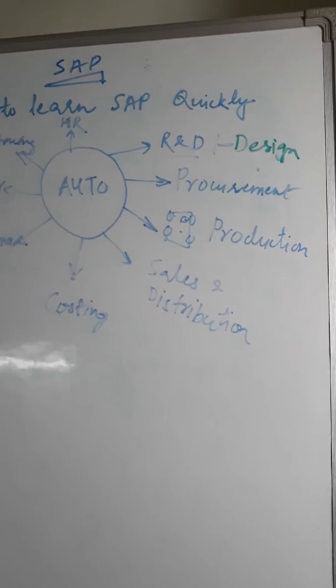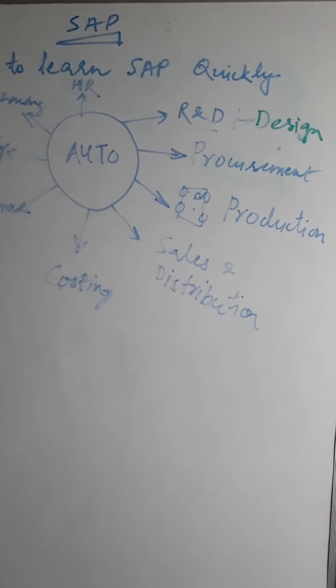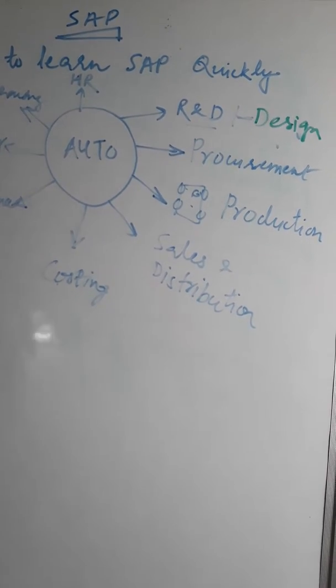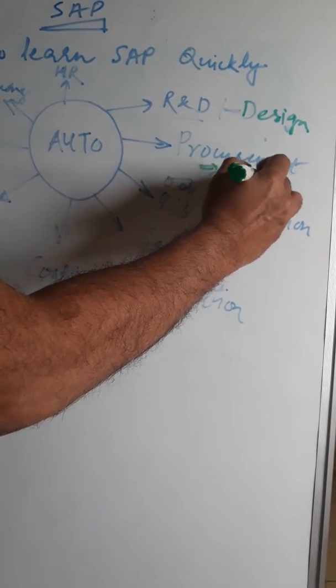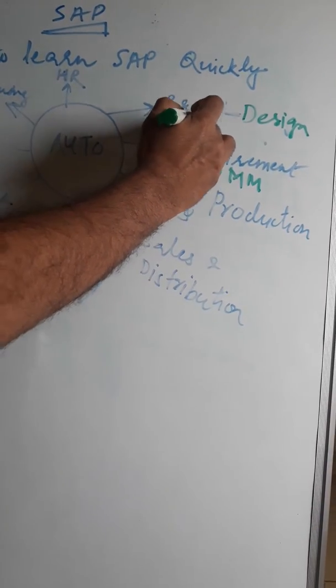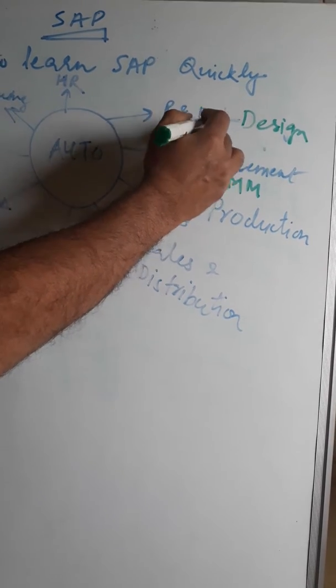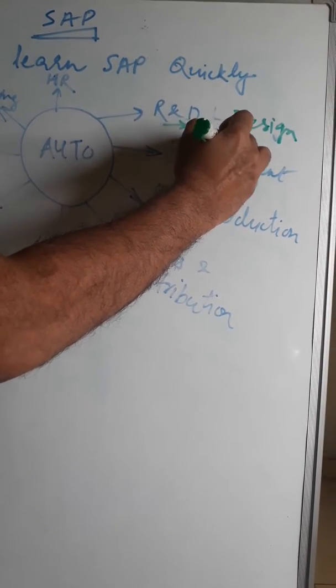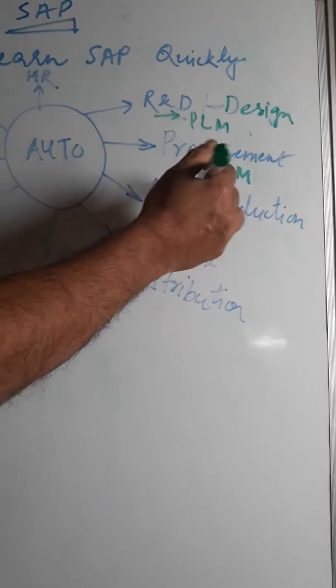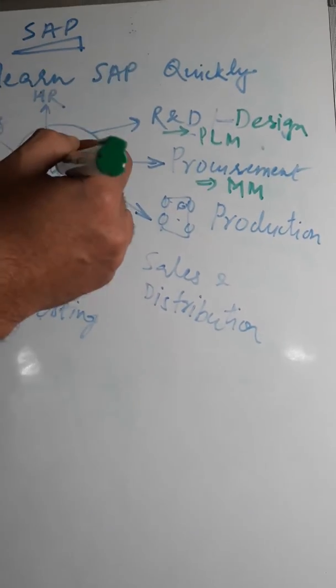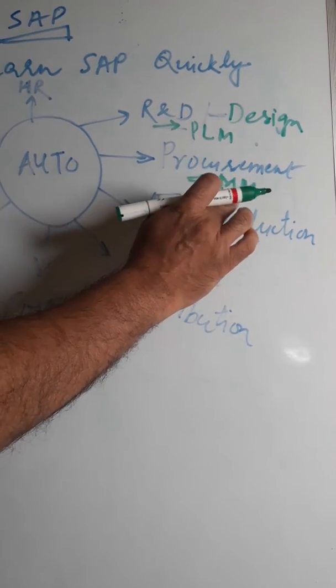If we have experience in material management, procurement, vendor development, then we can choose material management as our module. R&D is taken care of through a SAP product called product lifecycle management, whereas procurement is taken care of through a SAP module called material management.